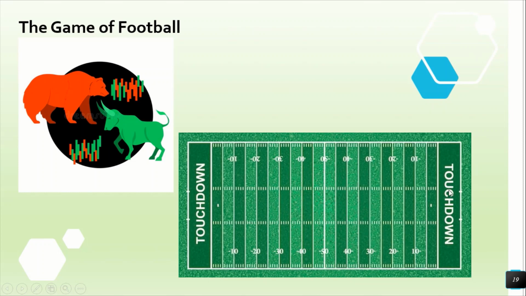So, kung dito yung side ng bull, dito naman yung side ng bear, kailangan yung bull madala niya dun sa side ng bear yung bola. Okay? So, para masabi niyang touchdown.